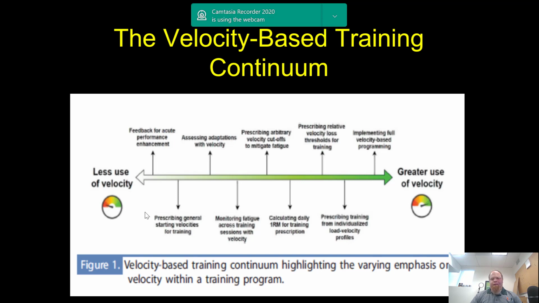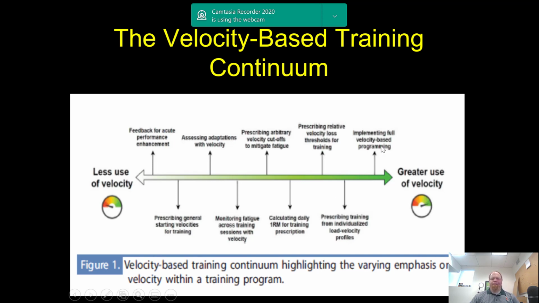Whenever you have individualized load velocity profiles, you know exactly what that person's 60% is. All right, so if their 60% was 0.82 meters per second, instead of giving them 60%, you give them 0.82 meters per second. And then that plus or minus a buffer, not a filter, plus or minus a buffer that allows you to train exactly where you needed to be.